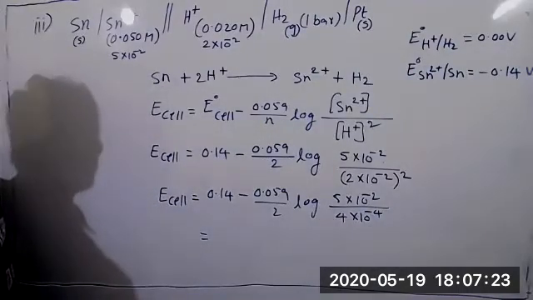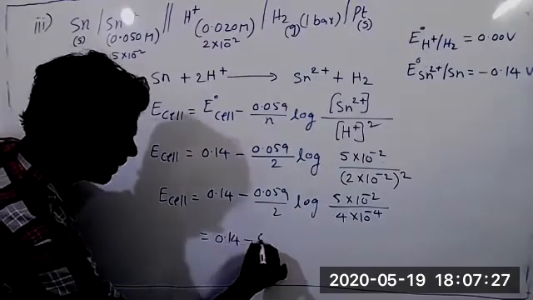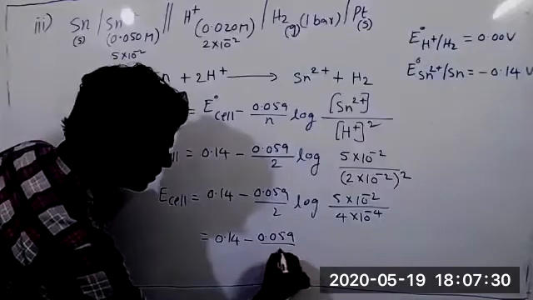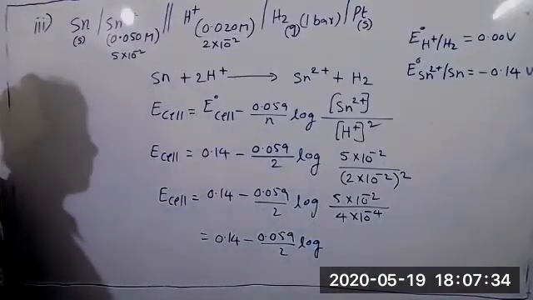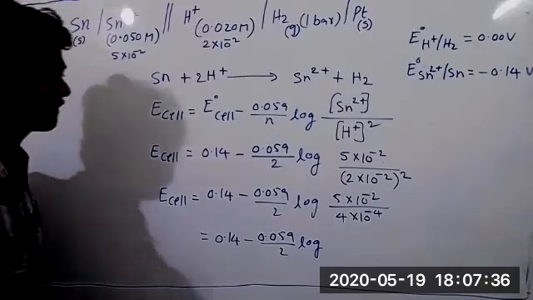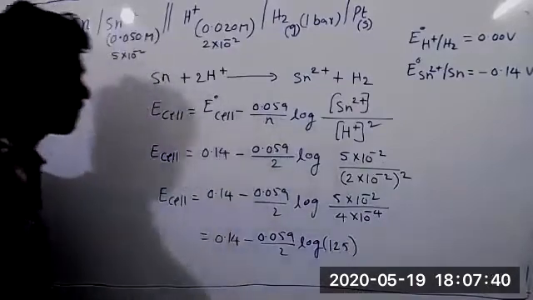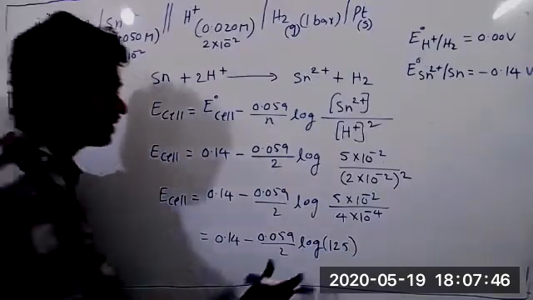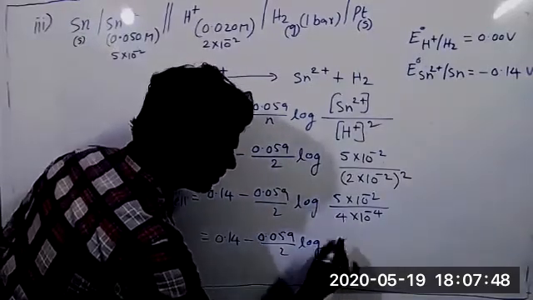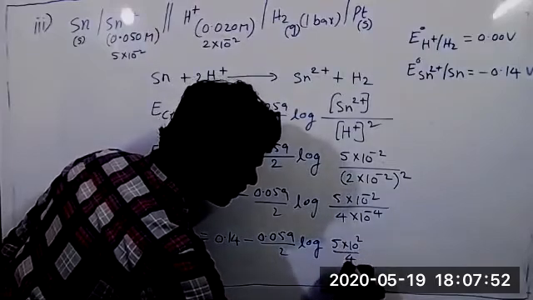So 500 by 4. 0.14 minus 0.059 by 2 log of 500 by 4, which is 125. For simple calculations, you take here 5 into 10 power 2 by 4.